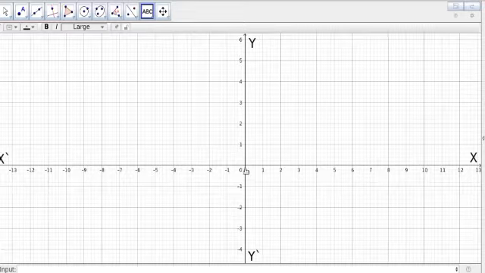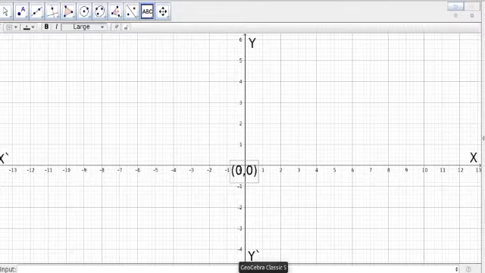We normally write the position of points in this plane as an ordered pair. So the origin is represented as (0, 0): two zeros separated by a comma and written inside a bracket.